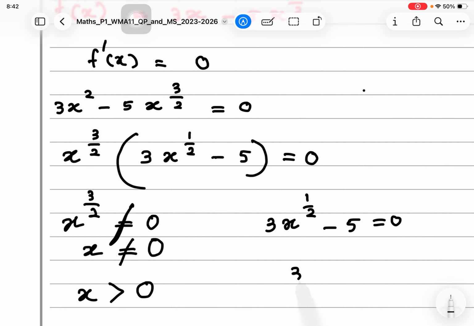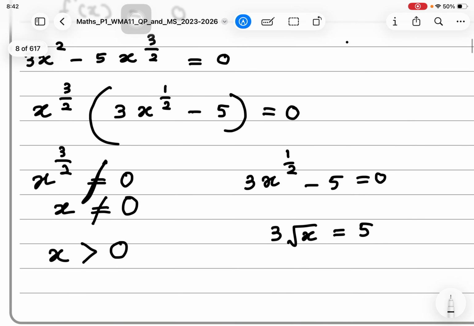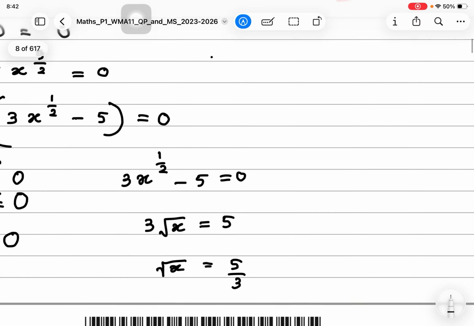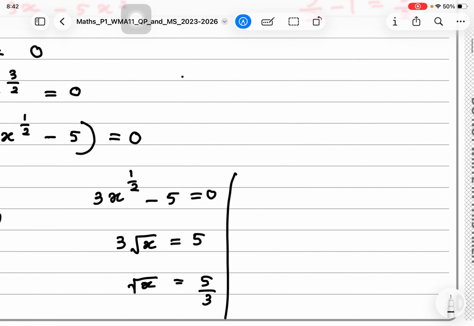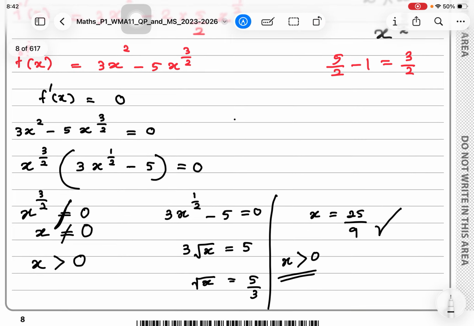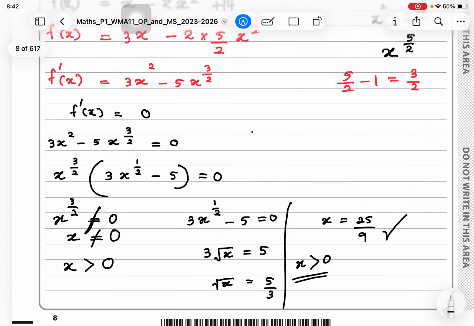So 3 root x is 5, root x is going to be 5 divided by 3. If we square it, x is going to be 25 divided by 9. We know x is a positive value, so yes, of course, this can be an answer. So this is our simplification step for the first one.